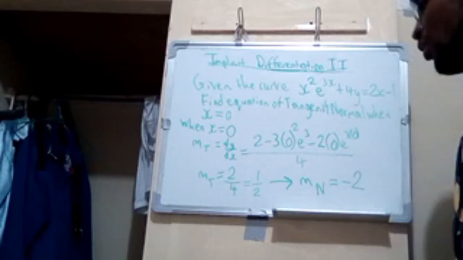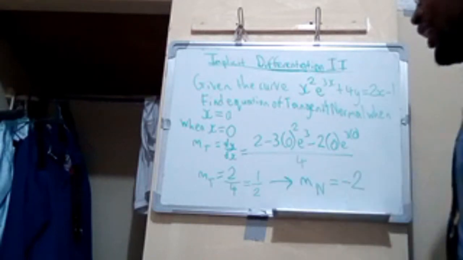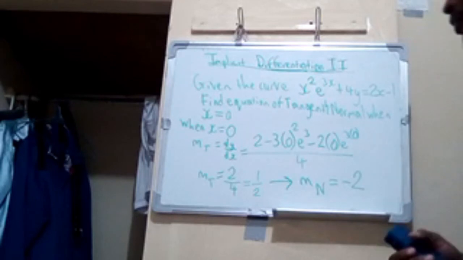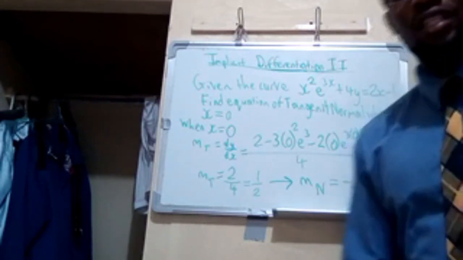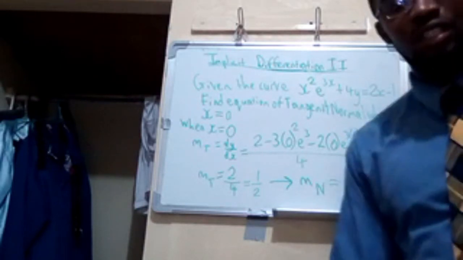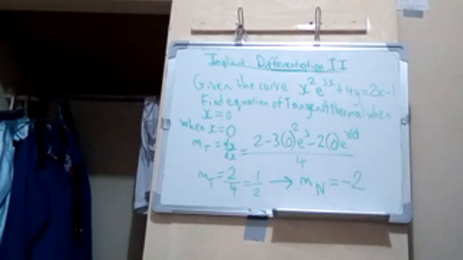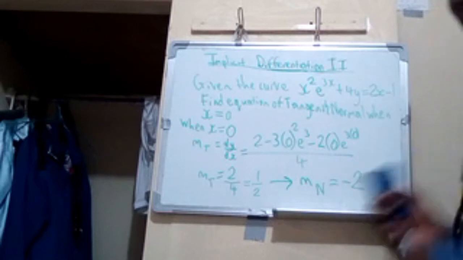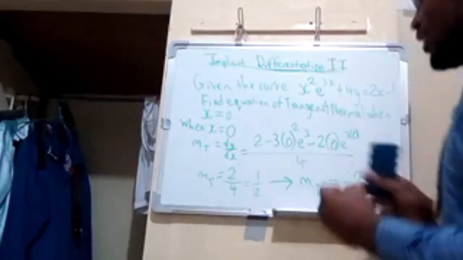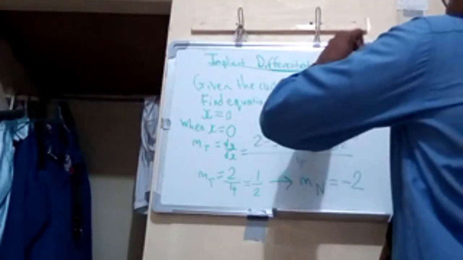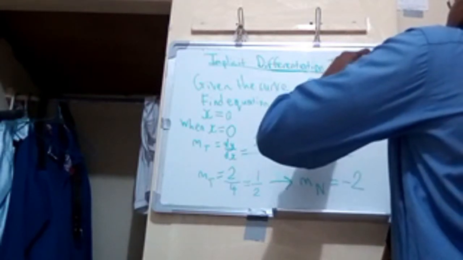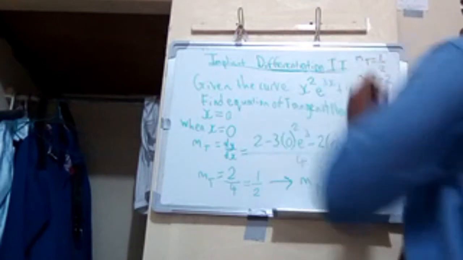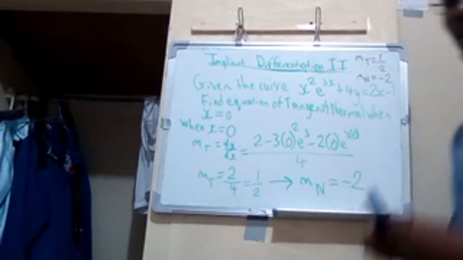So now all we need to do is find the equation of the tangent and the equation of the normal. The gradient of the tangent is a half, and the gradient of the normal is negative 2.